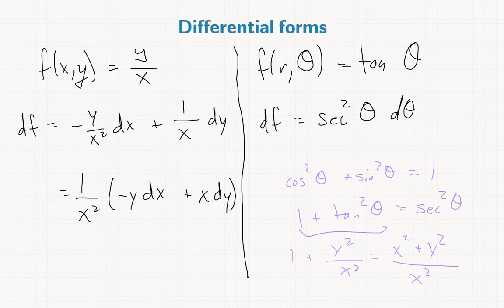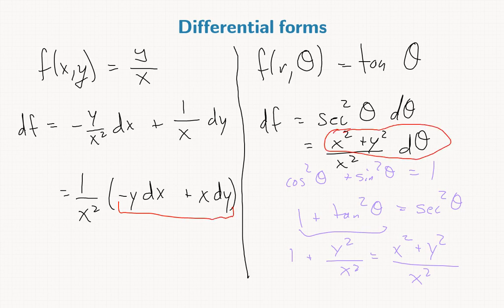So df, now we're sort of mixing two different coordinate systems, is x squared plus y squared over x squared d theta. So to reconcile these two answers, we need to show that negative y dx plus x dy is x squared plus y squared d theta.